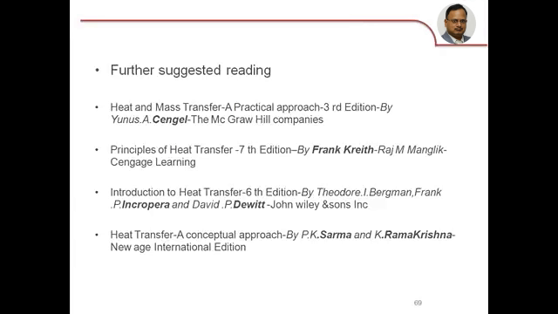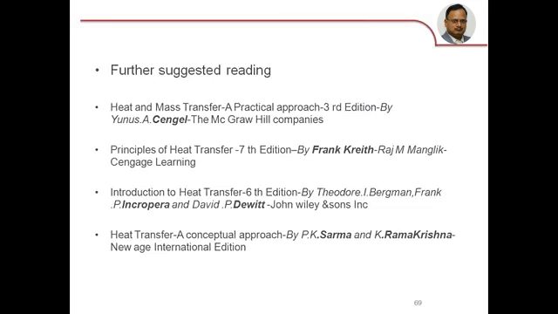We have not touched the multi-dimensional heat transfer problems, and we have not considered various unsteady state conduction, and we have not considered any problems with heat radiation between more than two bodies.